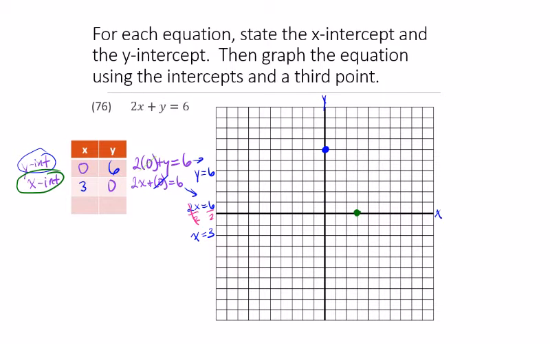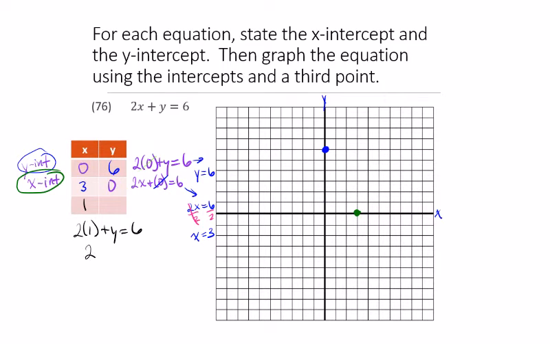Now it says graph one more point. We really don't need one more point to graph. We just need 2 points, so we already have enough. But just for good measure, and to follow directions, we'll find a third point. We can pick anything. Let's pick a value for x. A good thing to plug in is 1, since we've already tried zeros. So I'm going to plug in 1 for x: 2 times 1 plus y equals 6.